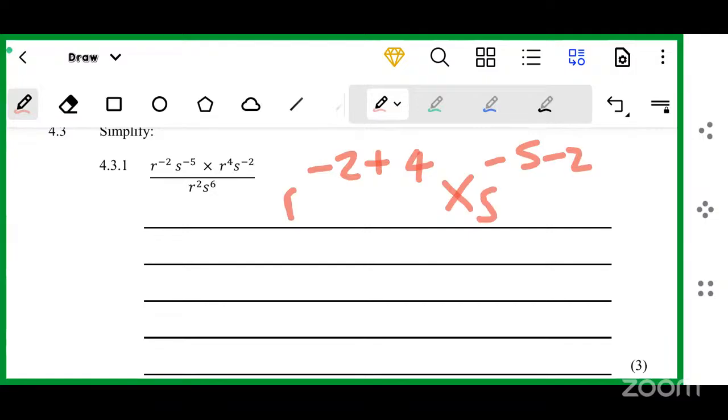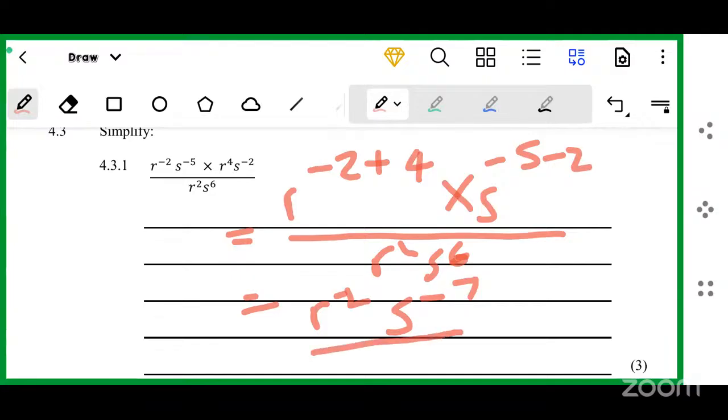Okay, no problem. And then I said R to the power of 2, S to the power of -7, over R to the power of 2.